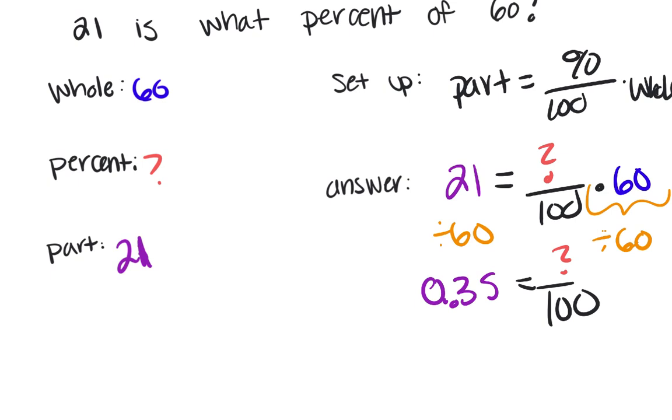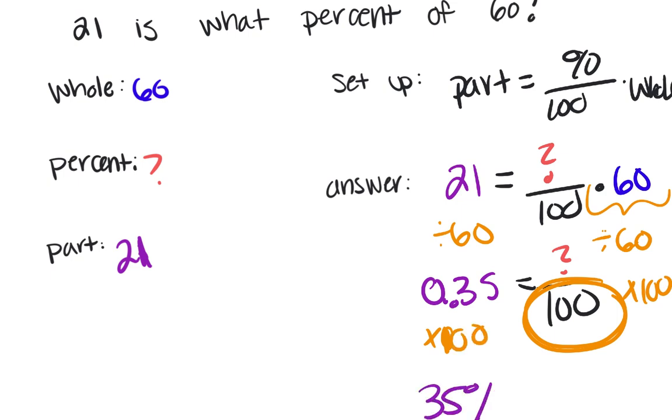So now what I need to get rid of attached to the question mark is this dividing by 100. What's the opposite of dividing by 100? Multiplying by 100. And I still end up with 35% equals question mark. So 3 different ways to do it. You can pick which your preferred method is, as long as it makes sense to you and you know you're following the formula.